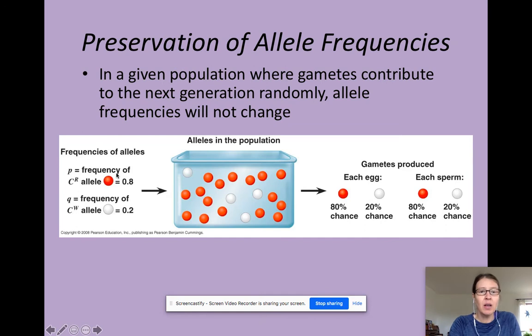If you had 0.8 frequency of the red allele and 0.2 frequency of the white allele, after alleles get resorted, the gametes produced should be the same. Statistically speaking, they should be the same proportion. We did that with our last activity with the class. We see after generations, you should see the same frequency of alleles from one generation to the next.